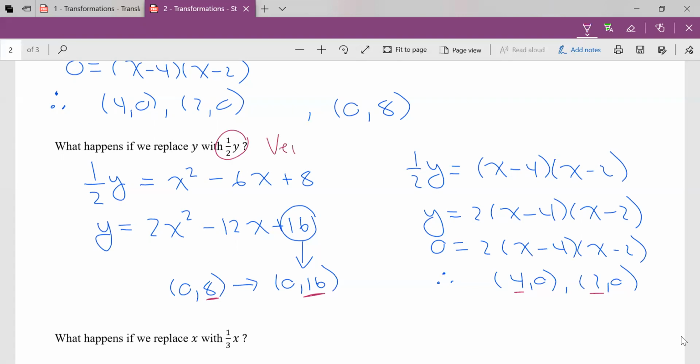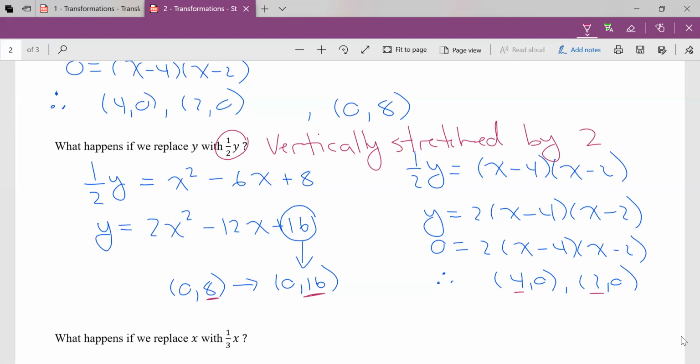So when we replaced y with 1/2 y, what did we really do? We just vertically stretched. Vertically, I want you thinking, is your y values. We just vertically stretched by 2. We just multiplied all the y values by 2. What about the x values? Well, the x values didn't change.